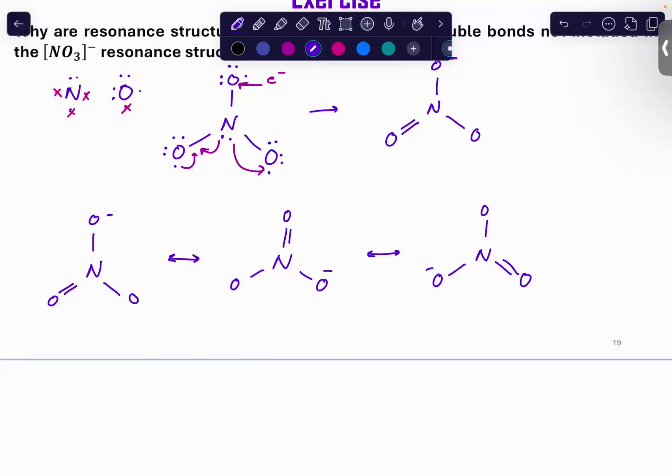It seems symmetric to me. But we remember that our 3 resonance structures are this.